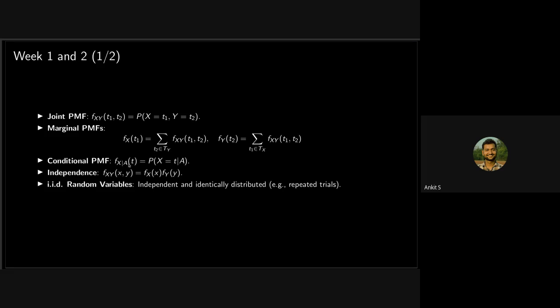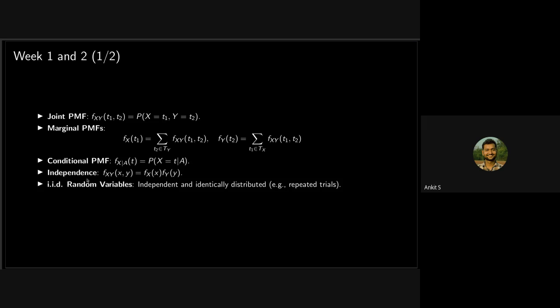Earlier we also learned about conditional probabilities, but not in terms of random variables. Now we started studying them in a formal way using random variables. These are the things that came into the context of multiple random variables.